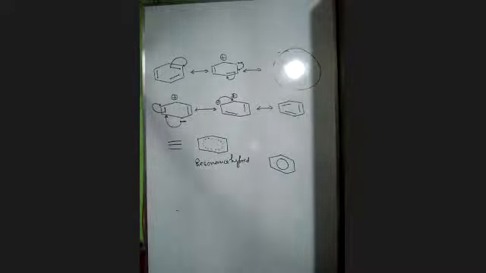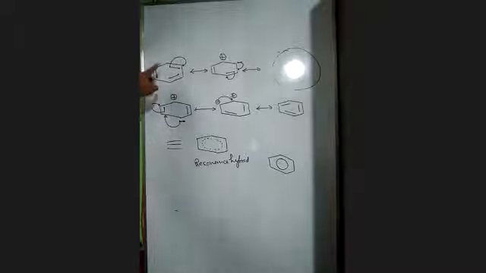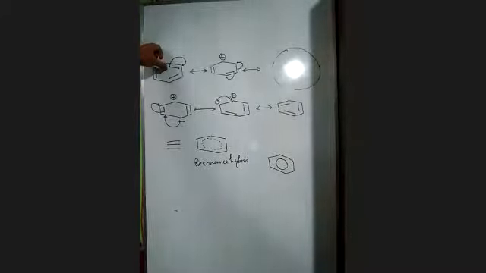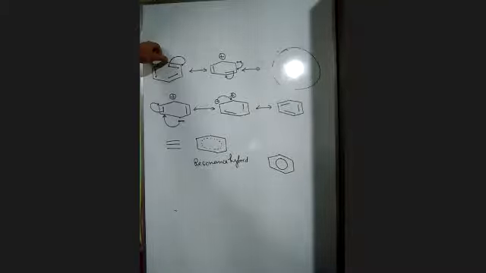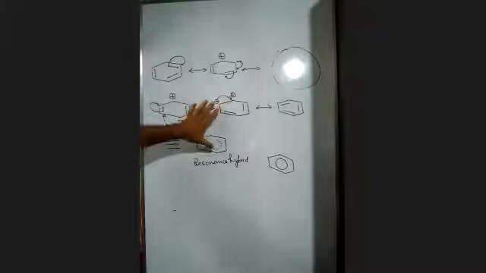What precaution should you take? You never move your arrow from the outside bond. You have to move from the inside bond. This I'll tell you later on. The outside bond is called sigma bond, and this is called pi bond. That I'll explain later on. All right, so this is the resonance structure of benzene.